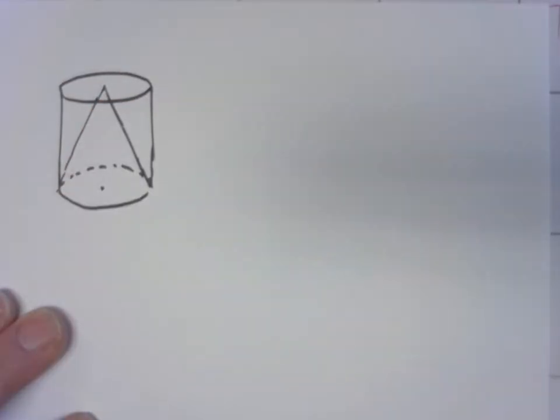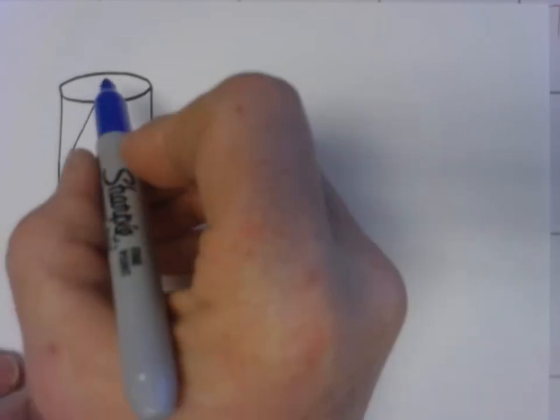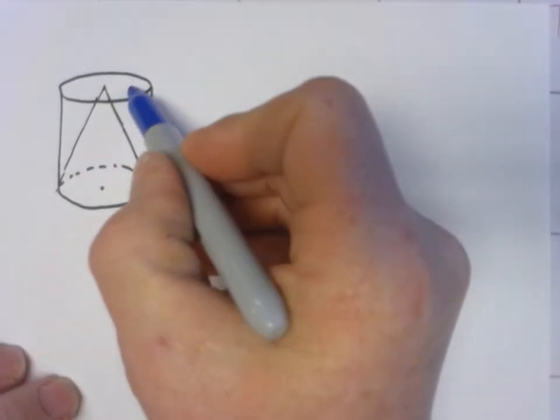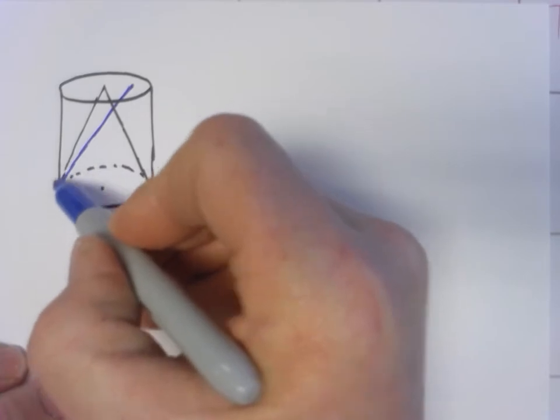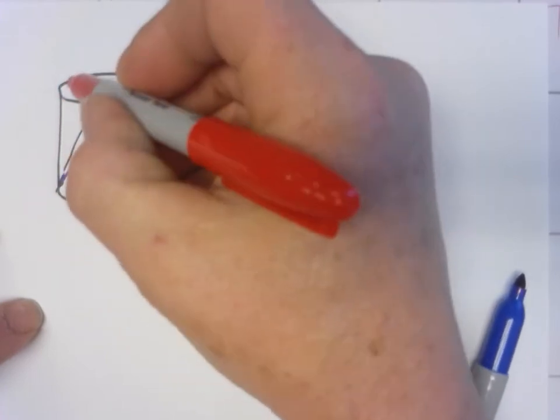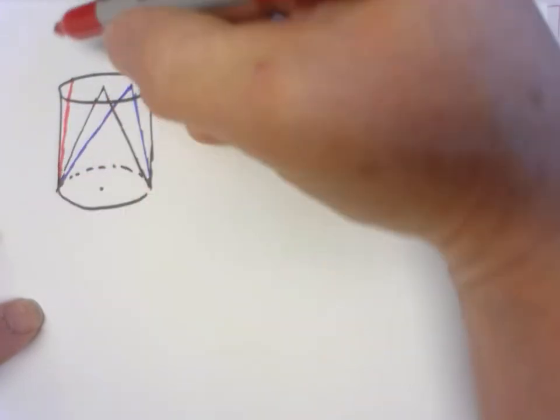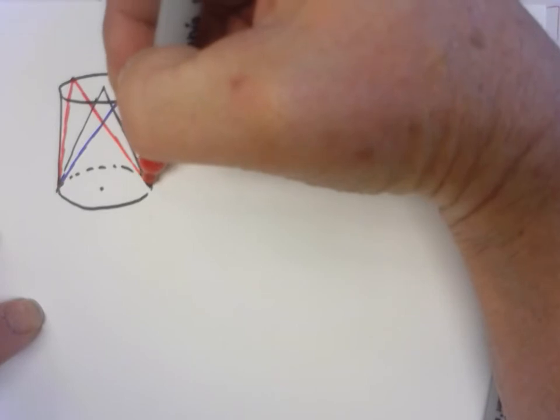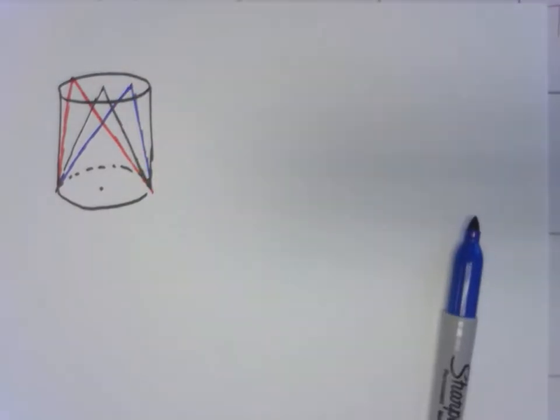And this doesn't have to be a right cone. The vertex point can be over here, and you can have the cone looking like this, or the vertex point can actually be on the circle like that, and the cone can kind of come over here like this. It doesn't matter.